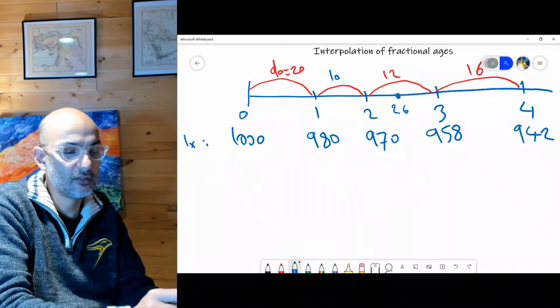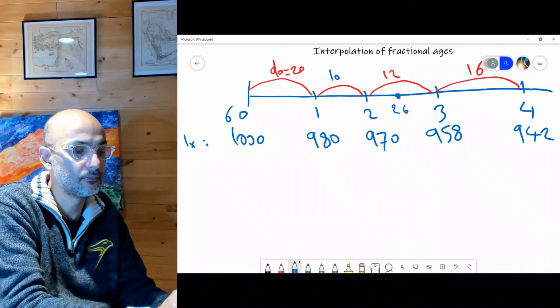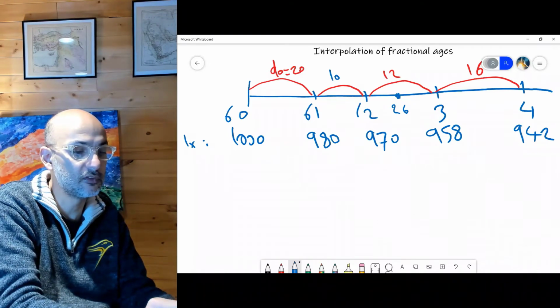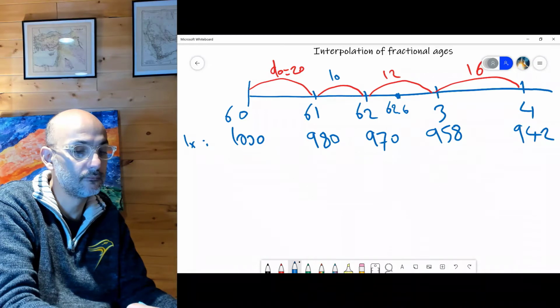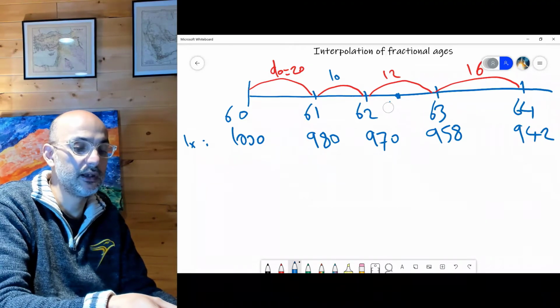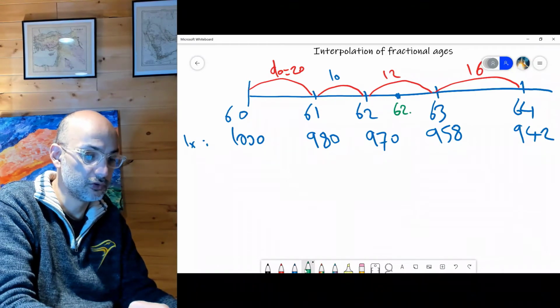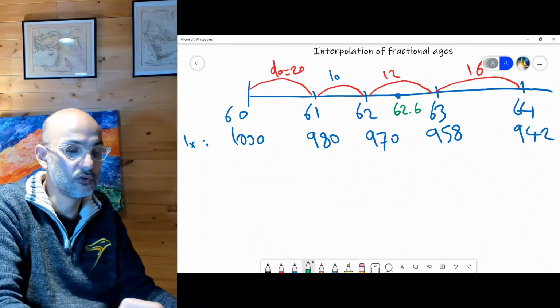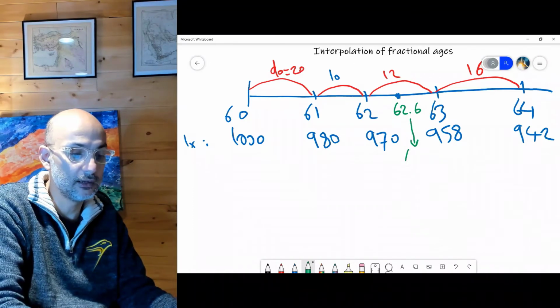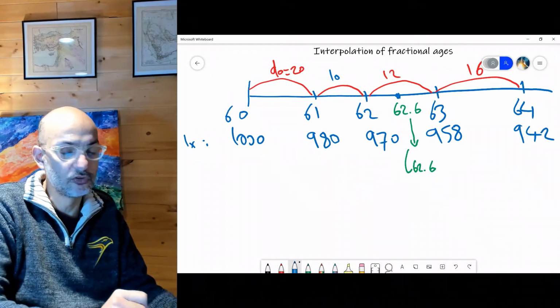I put it here as 0, but it can be 60, like what we did last time, 61, 62. So let's say we are interested in 62.6. What is the cohort here? What is L62.6?